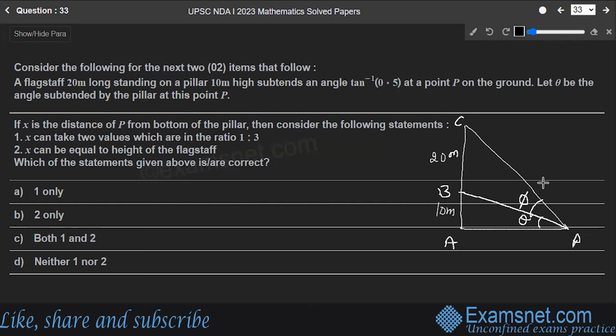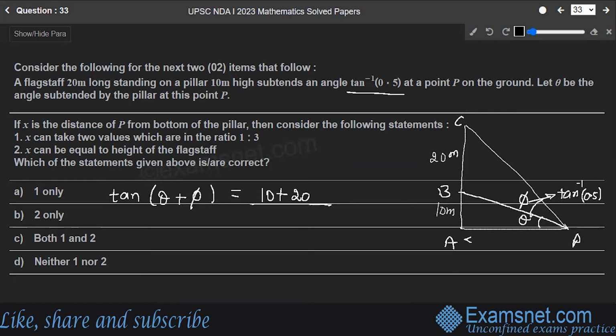Okay. So it's given that the flagstaff standing on the pillar 10-meter high subtends an angle of this at the point P. So this phi is equal to tan inverse 0.5. That is actually equal to 1 by 2. Okay. So now this is a right angle triangle, so I'll be using my trigonometric ratios over here. Tangent of theta plus phi is equal to perpendicular upon base.